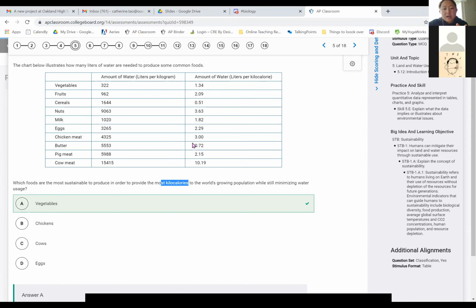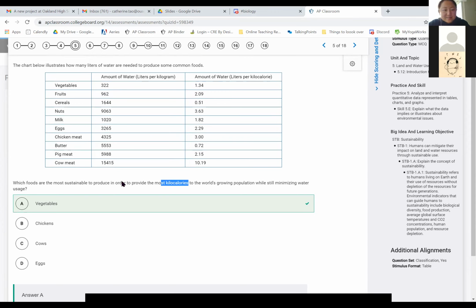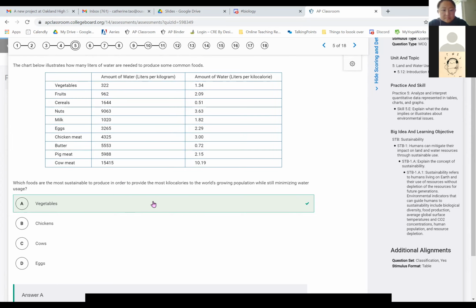So I just read this table wrong. I think this table is meant to be tricky. I would logically assume vegetables, because you would need to provide feed for chickens, cows, eggs, etc. in order to produce those, which would obviously incur more water to produce an equivalent amount of vegetables or feed.